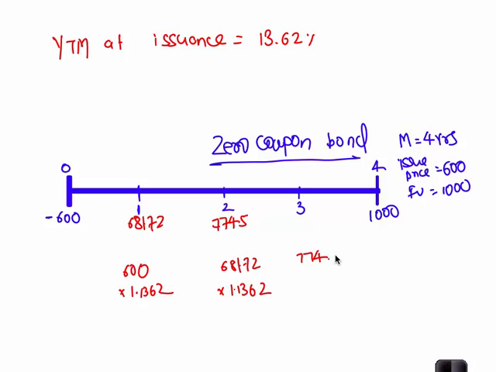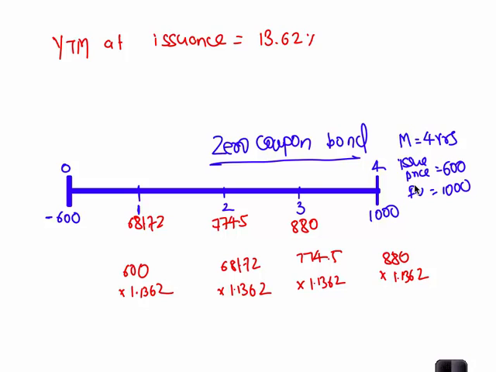Then 774.5 into 1.1362 is 880. And then 880 into 1.1362 is 1000, that should be almost 1000. Correct. So that's how that bond discount is getting amortized over the period of 4 years.